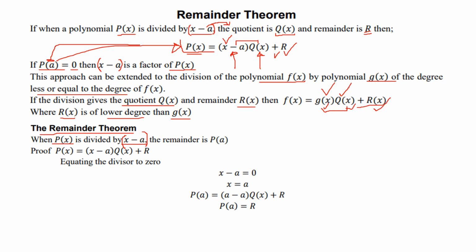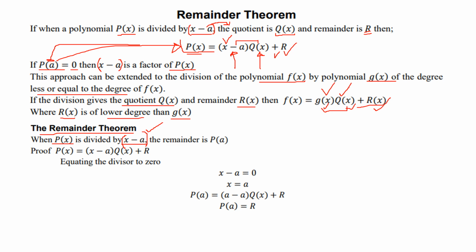When you equate those factors to 0 and you make x the subject, that's called the root. But if you're given a bracket like this as a factor, and after equating it to 0 you substitute it in any polynomial, the expression becomes a remainder.